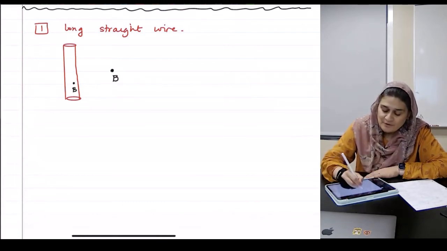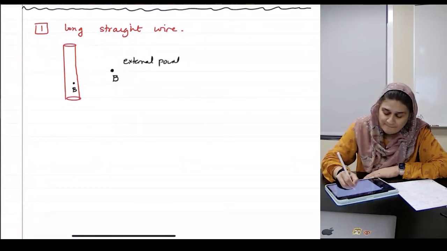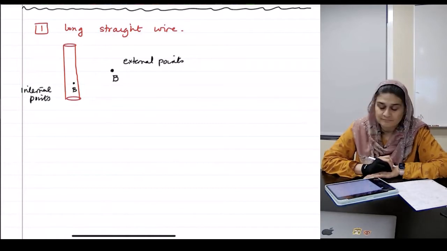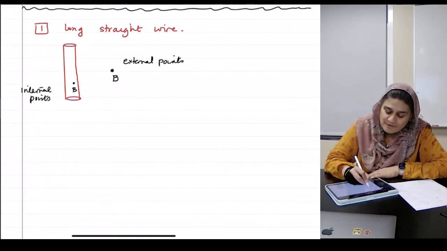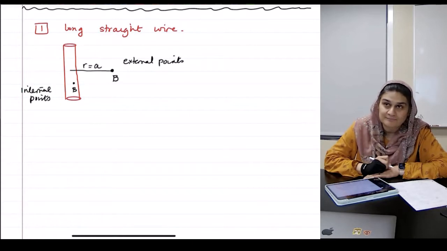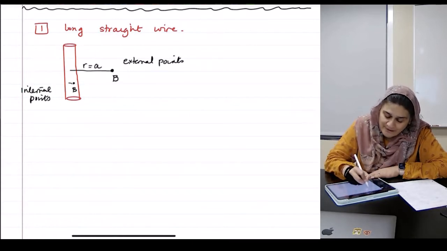These are going to be called external points, and this is going to be called internal points. Let's suppose the radius for the external point, I'm going to call it A. And the radius for the internal points, let's say I'm going to call this B.